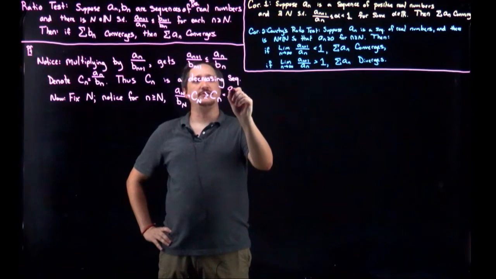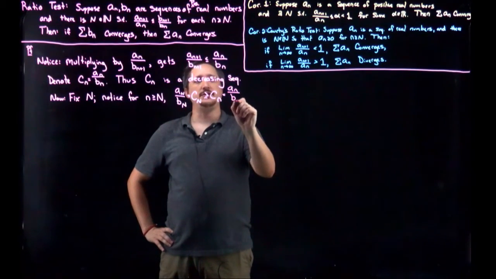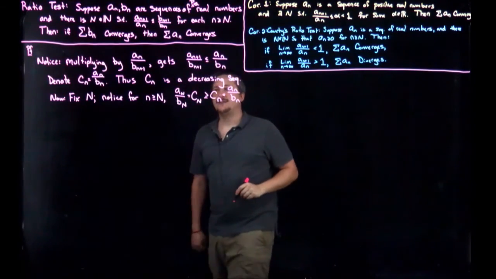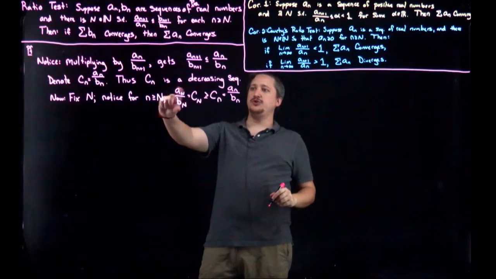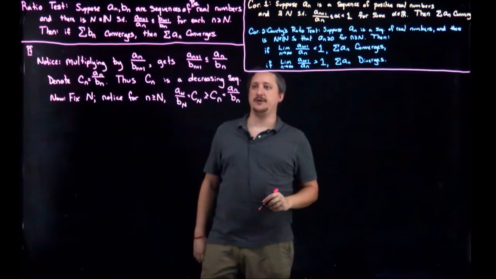And this is a_n over b_n, meaning that as I pick bigger things, I have some universal bound, okay?